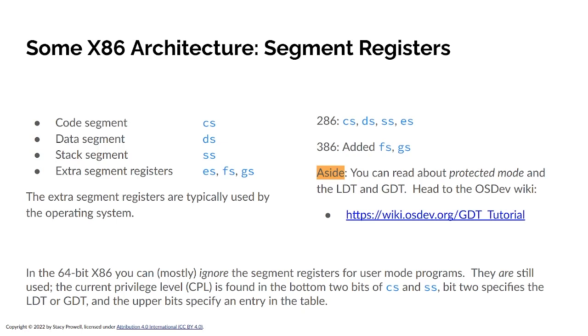How wide were the segment registers? They were 16 bits. Now you're saying to yourself, well, 16 bits plus 16 more bits is 32 bits. Why isn't that a 32-bit address? It's not. You shift it a bit and then you add them, and that's just how it worked. Segmented addressing seems weird to us now because it is simply weird.